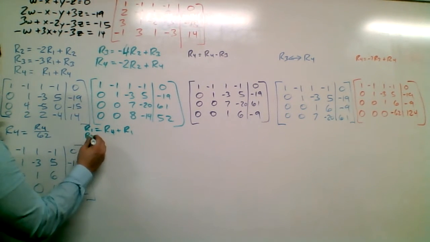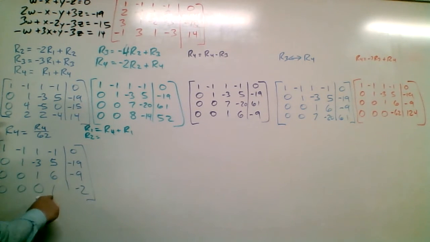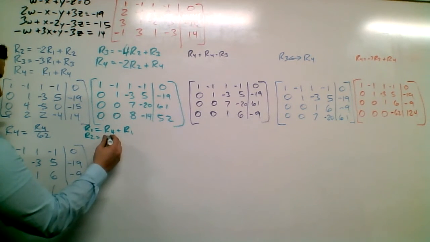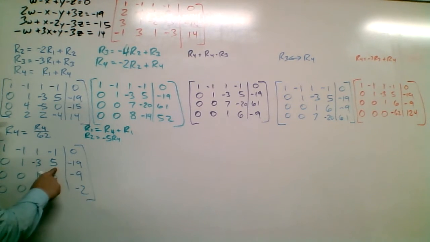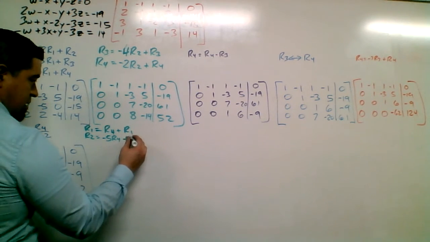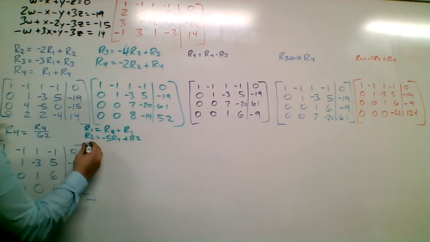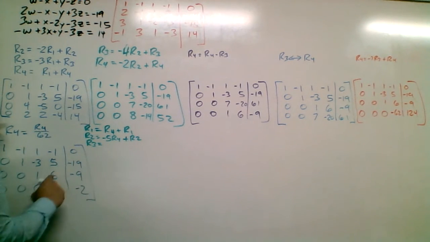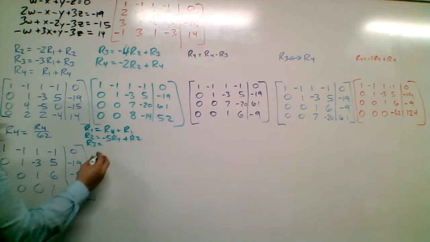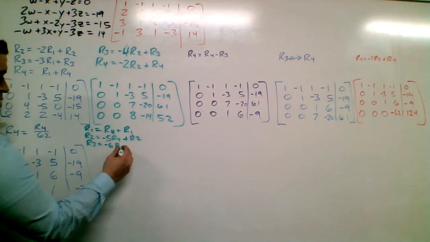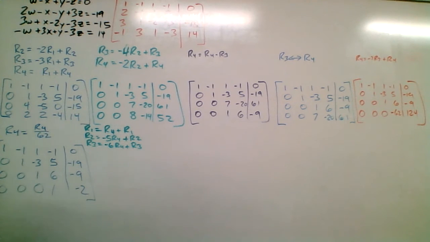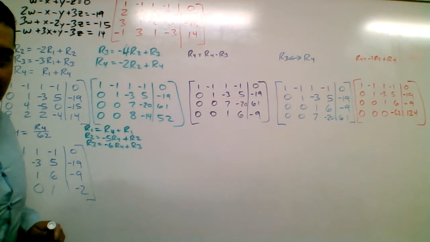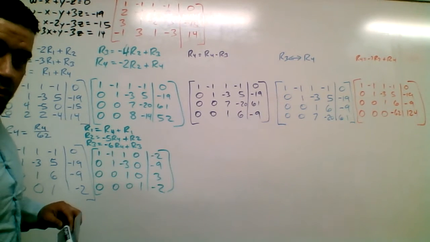Row 2, we'll multiply row 4 by -5, because -5 times 1 is -5 plus 5 will give us 0, and we'll replace row 2 with that. Then row 3 is 6, so I'm going to multiply -6 times row 4 plus row 3. Those are the row operations that I want to do in this step, and we'll go from there.